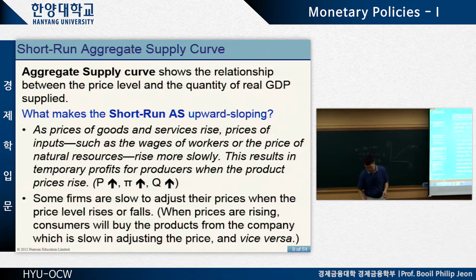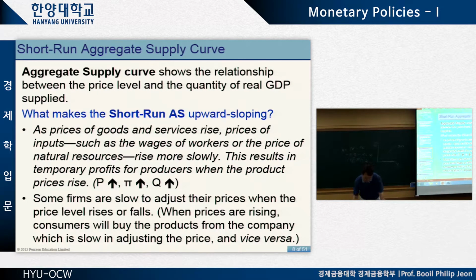So here, what we're going to see in that situation is between the two adjustments, from the moment that the demand for output increases until the moment that demand for input increases, there may be some time gap, maybe a month or two.